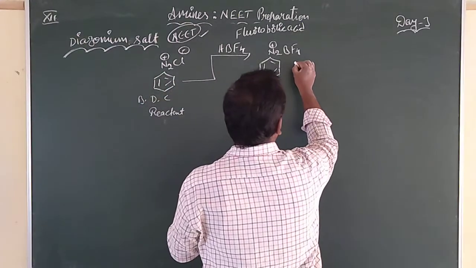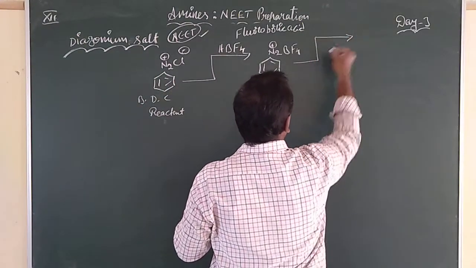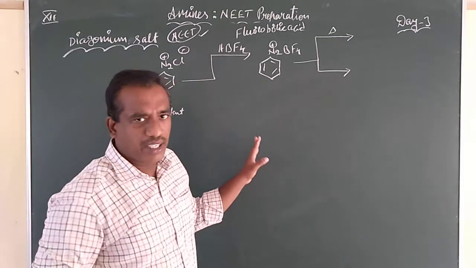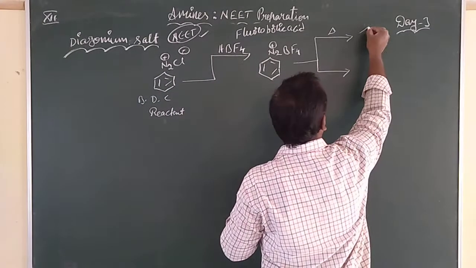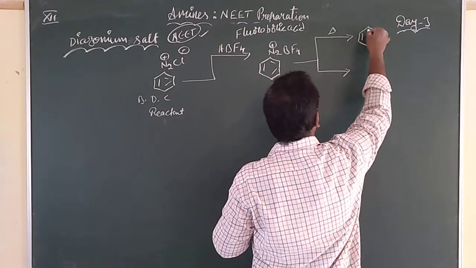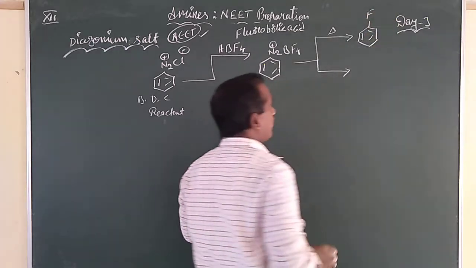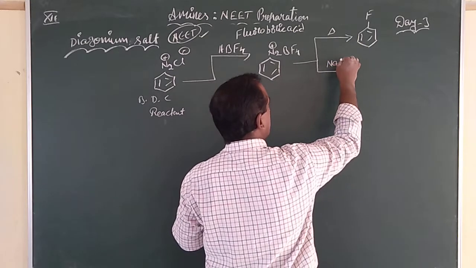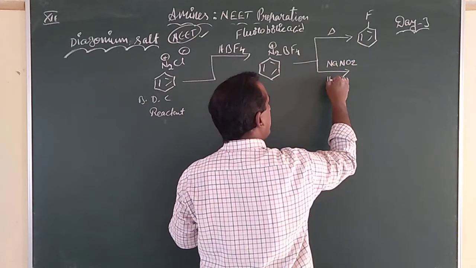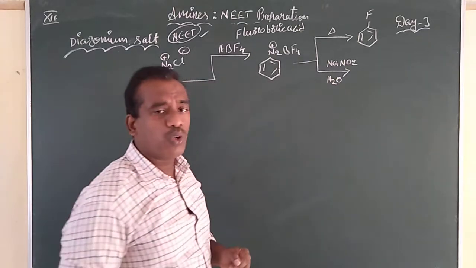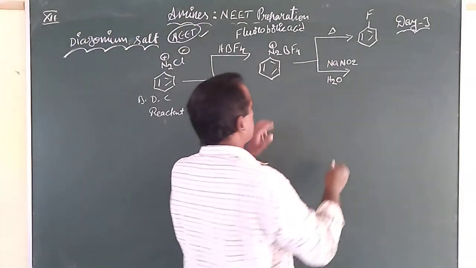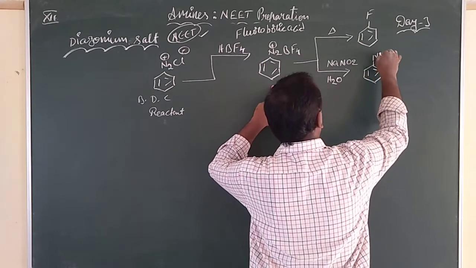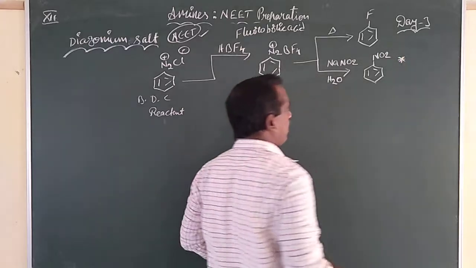This intermediate that is formed comes with two reactions. One reaction is, if you heat this intermediate, fluorine is introduced onto the benzene. Once you react this intermediate with NaNO2, sodium nitrite, followed by hydrolysis, it is going to introduce a nitro group onto the benzene.